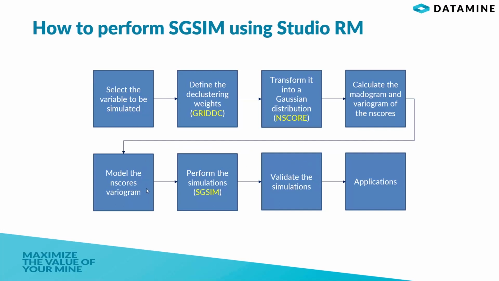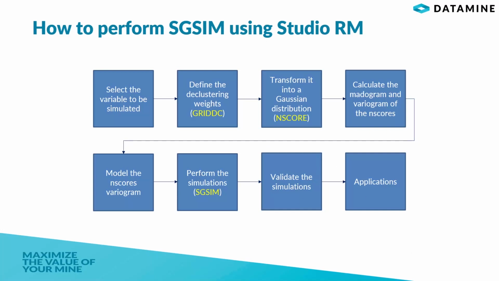Then we get the variogram model for this n-score. We can perform the simulation, and then we have to validate those simulations. And once we have validated that, we can start applying it for whatever you want. Okay.